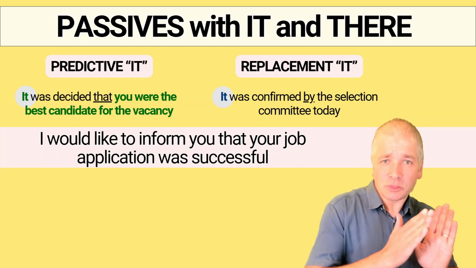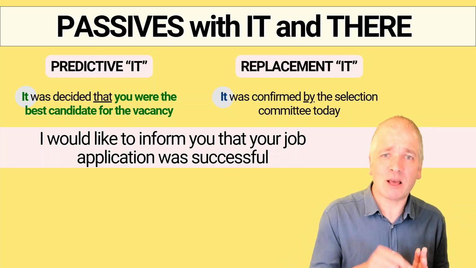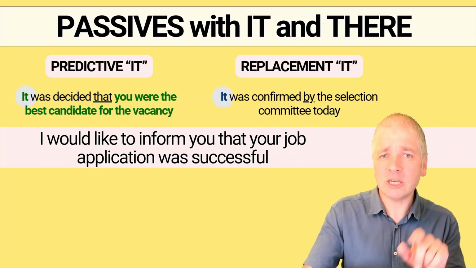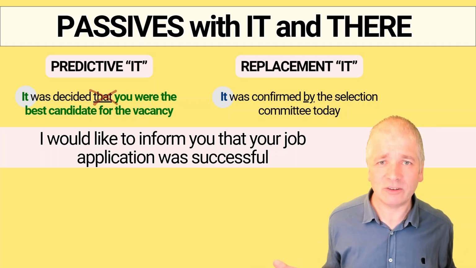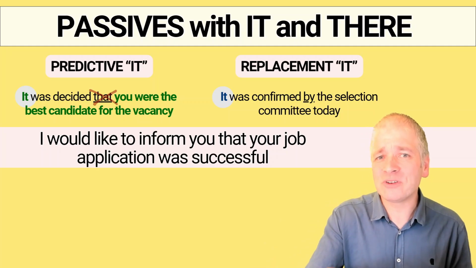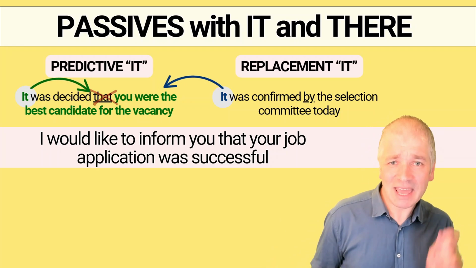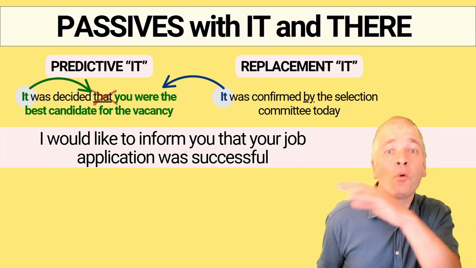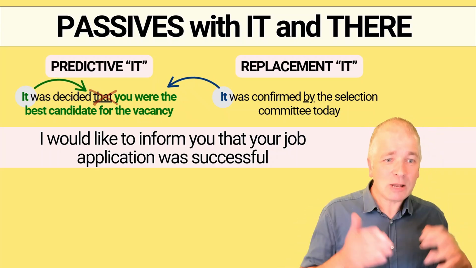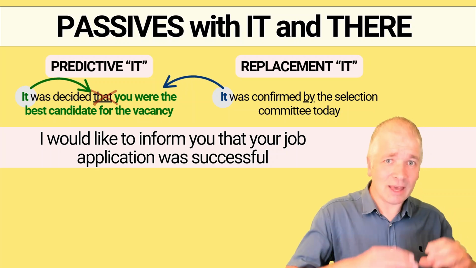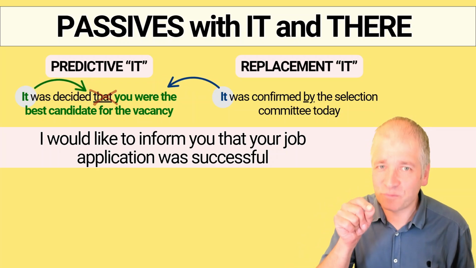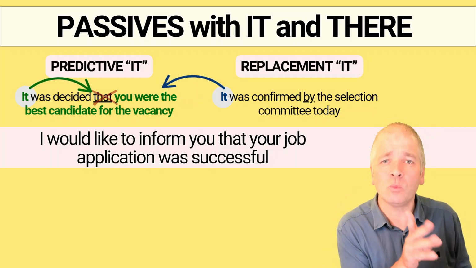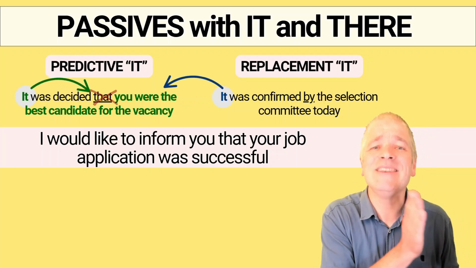You'll notice that the predictive it has a that clause afterwards, and you can actually delete that from this and still be grammatically correct. But the difference with the predictive it is that it here refers forwards in the sentence. It was decided, here it actually means you were the best candidate for the vacancy. It is pointing towards the information that comes next.